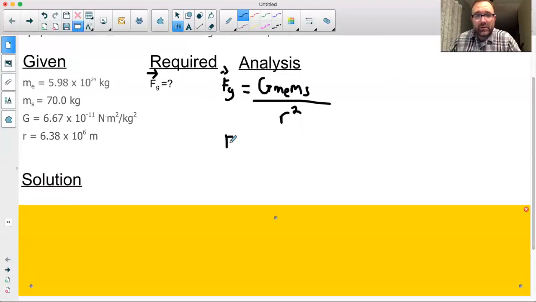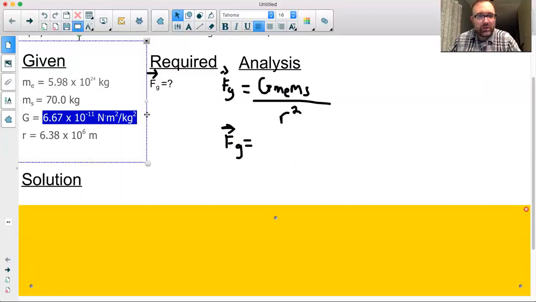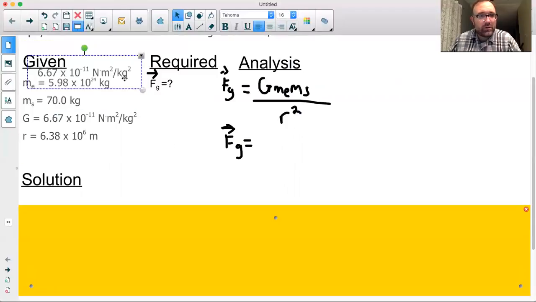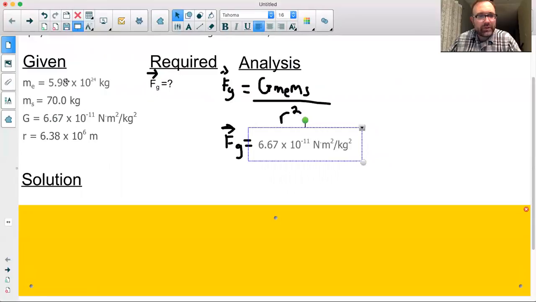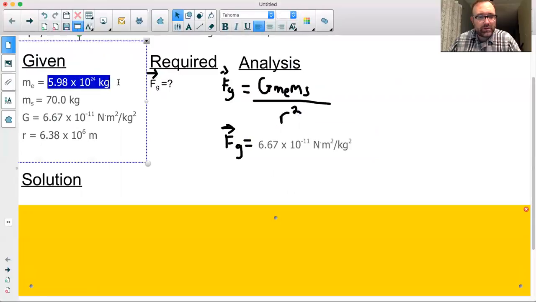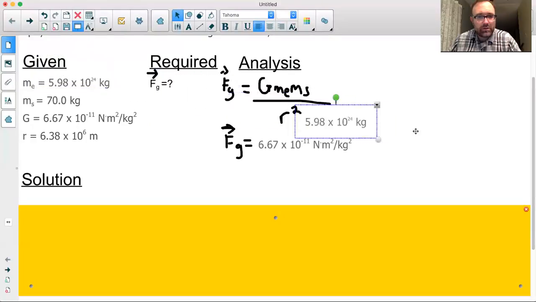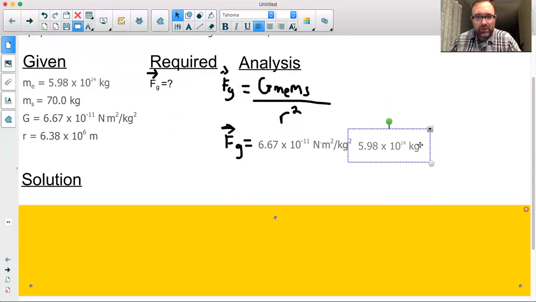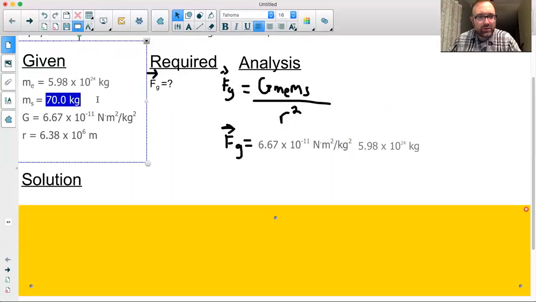Second bit, we're going to actually substitute the values now. So when we substitute the values, we're going to multiply them. So in the multiplication of the capital G and the two masses, we're going to put brackets between them to just represent that we're multiplying it. So start off with our value here. There we go. Then we start out with the mass of the Earth, and then we'll finish off with the mass of the student.